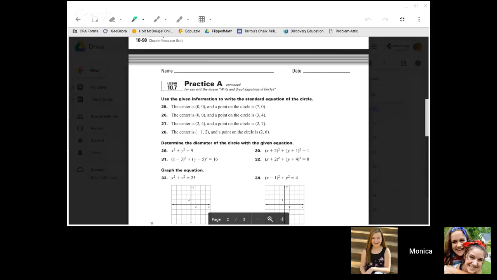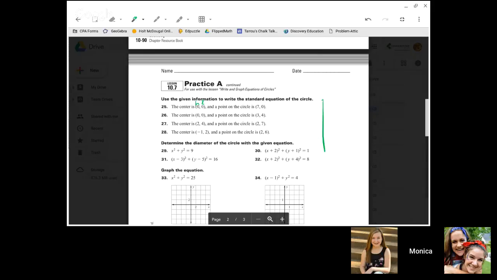Okay. So then let's look at 25. So for 25, you know your center is at 0, 0. So your h and k are just like normal. But this time, instead of telling you the radius, it just tells you a point that's on the circle, right?